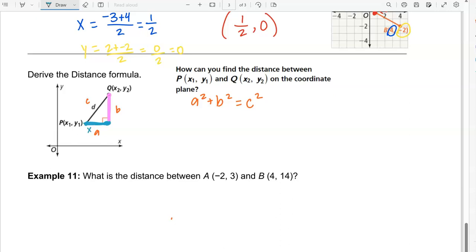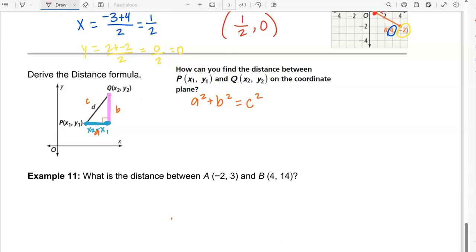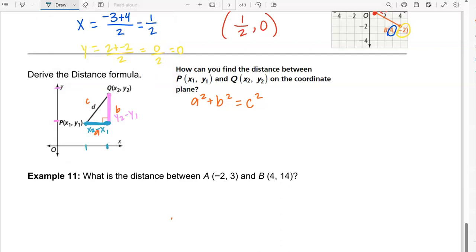So we'd have to take our x2 minus our x1. That would be that distance. And for our B value, finding that vertical distance, we would have to take our y2 minus our y1, just like we would find the distance from x2 to x1 horizontally.